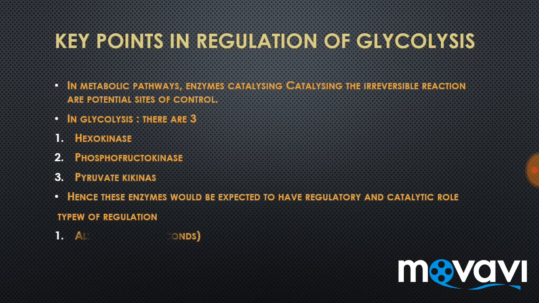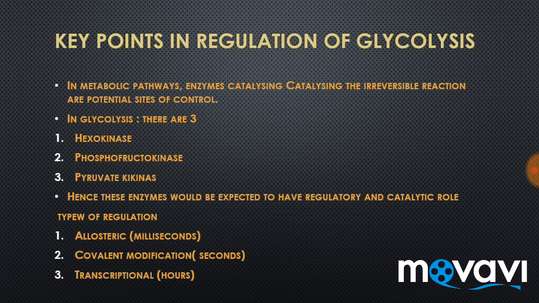The first one is allosteric regulation, which occurs in milliseconds. The second is covalent modification, in which phosphorylation and dephosphorylation occur, and it occurs in seconds. The third one is transcriptional control. It occurs in hours. We would not discuss this in this video because it is beyond the scope of this lecture.